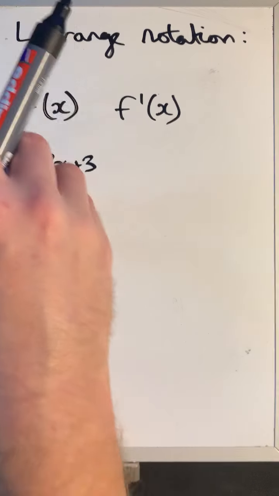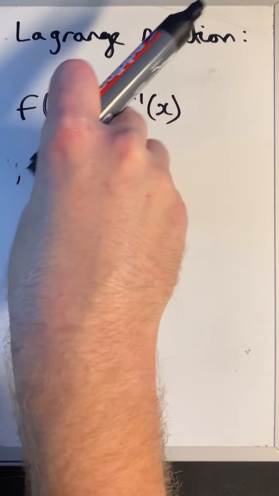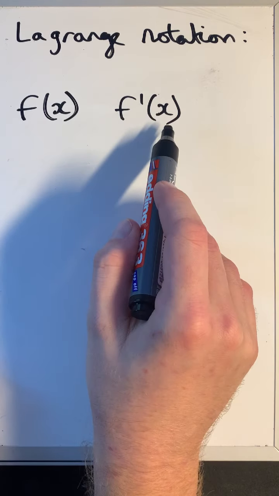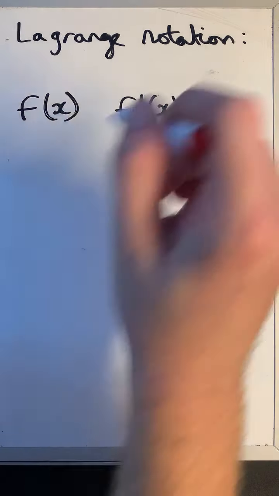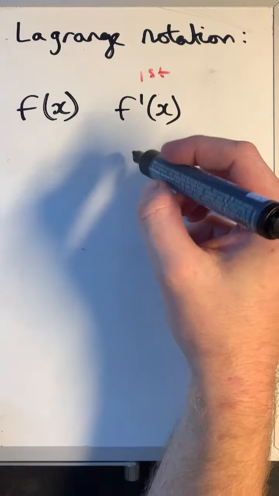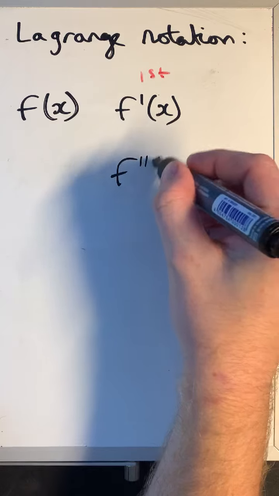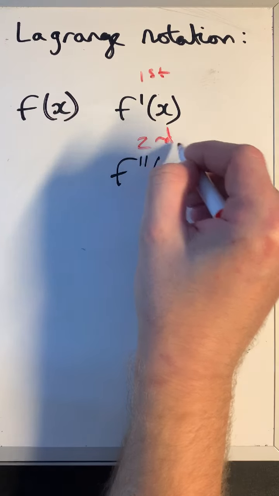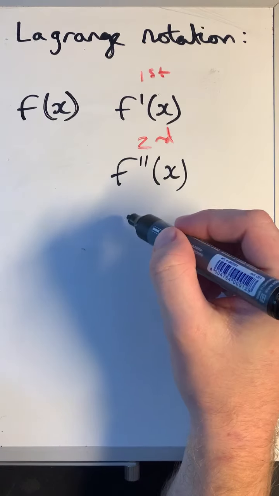If you want the first derivative of that function, then we have f dash x, or sometimes they say f prime of x. So that's the first derivative. Second derivative, f double prime or double dash x, and it keeps going in that pattern.